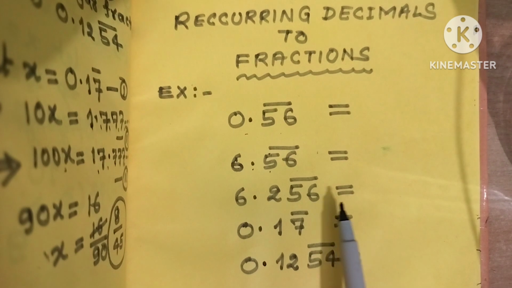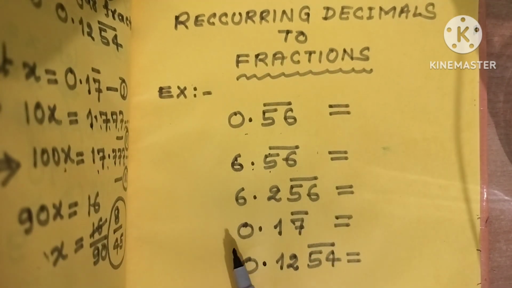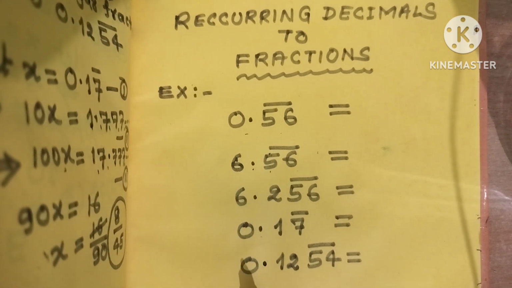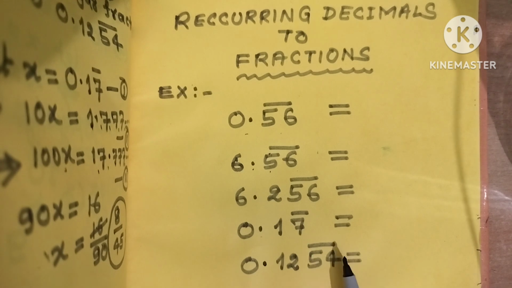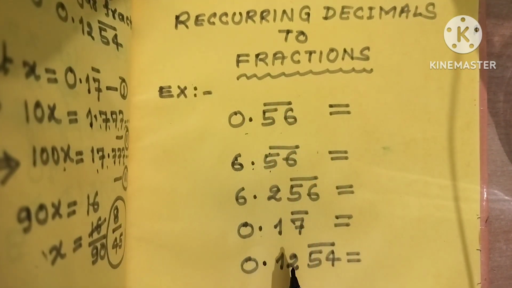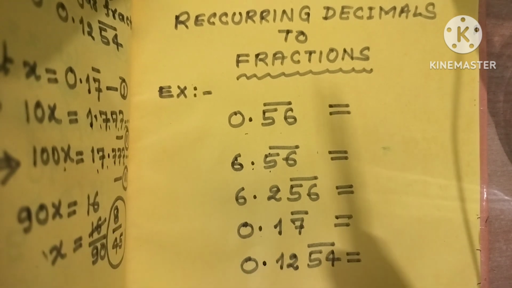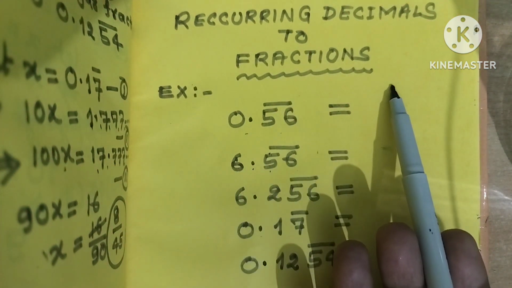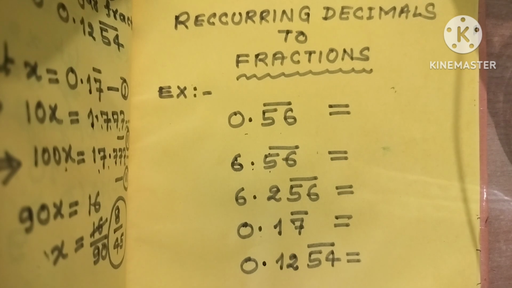That's why this one is mixed recurring decimals. 0.17 bar is mixed recurring decimal. 0.1254 bar mixed recurring decimals. So pure recurring decimals and mixed recurring decimals both can be converted to vulgar fractions or fractions.